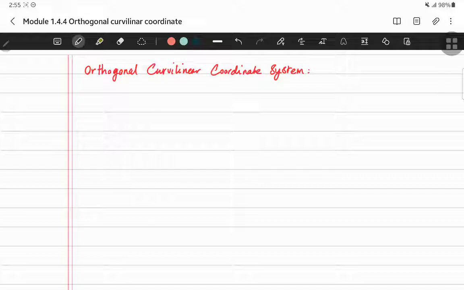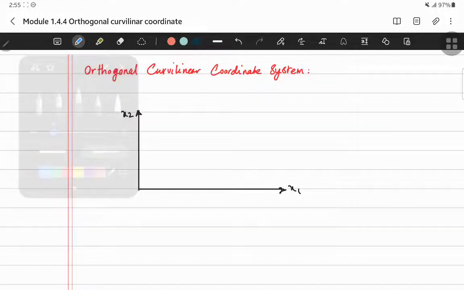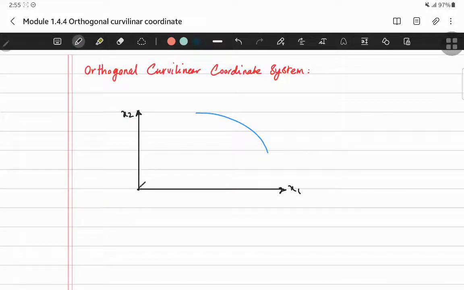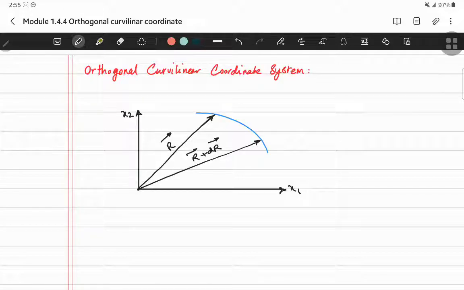So let's get started by plotting a plane like this. So we have x1 and x2 in here. And we have a curve like this, where we have a vector r that changes to r plus dr here.